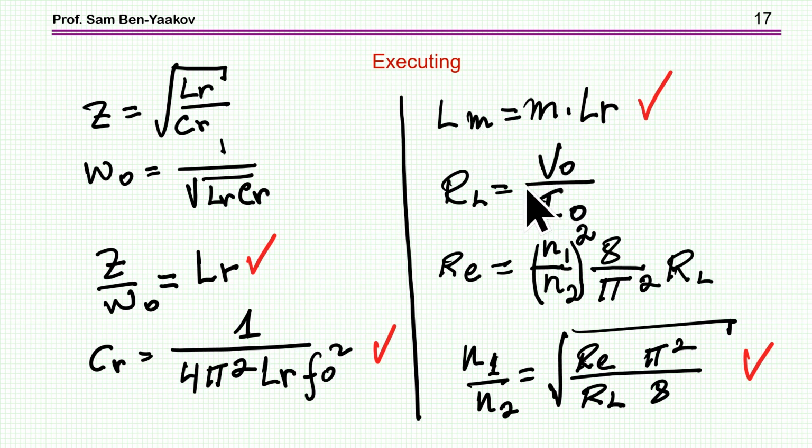Now I know that RL, that is the real resistance at the output, is V out over I out. This is related to R sub E, the AC resistance by the Steigerwald equation. So I can calculate the fourth parameter, which is the turns ratio of the transformer.